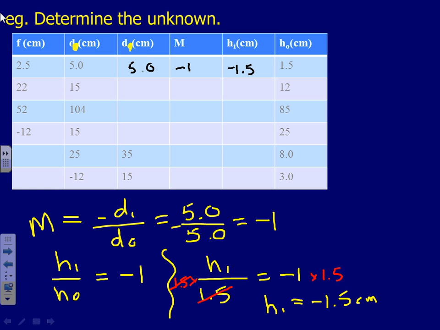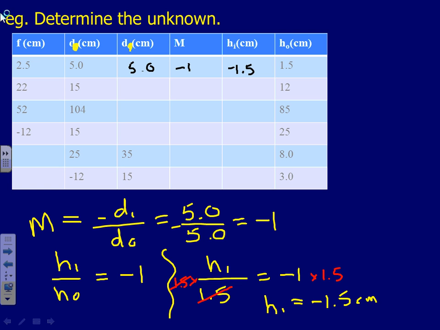Where was the object? Which is on C. If it's on C, where was the image? It was on C, 5, except it was upside down. Negative.